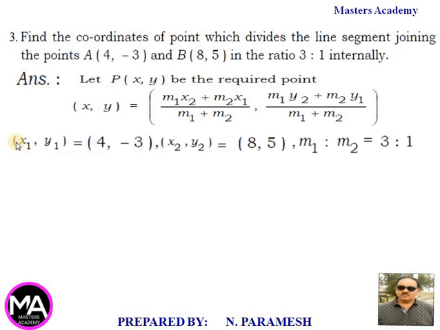Substituting the values, (x1, y1) is equal to (4, minus 3), (x2, y2) is equal to (8, 5), m1 is to m2 is equal to 3 is to 1.